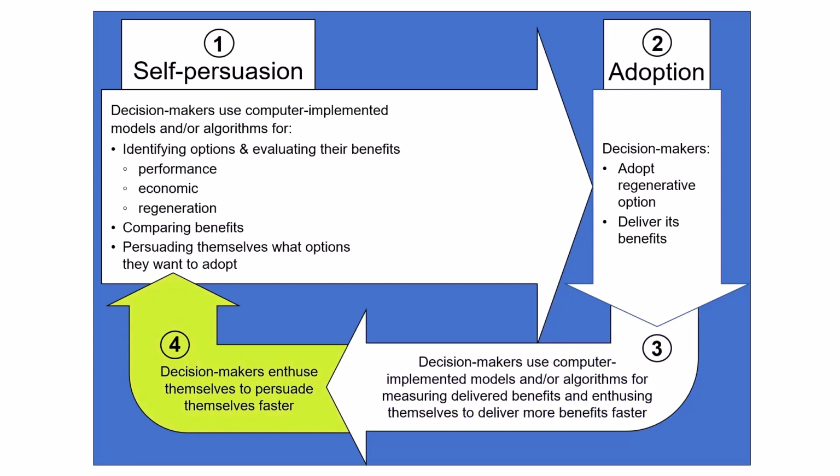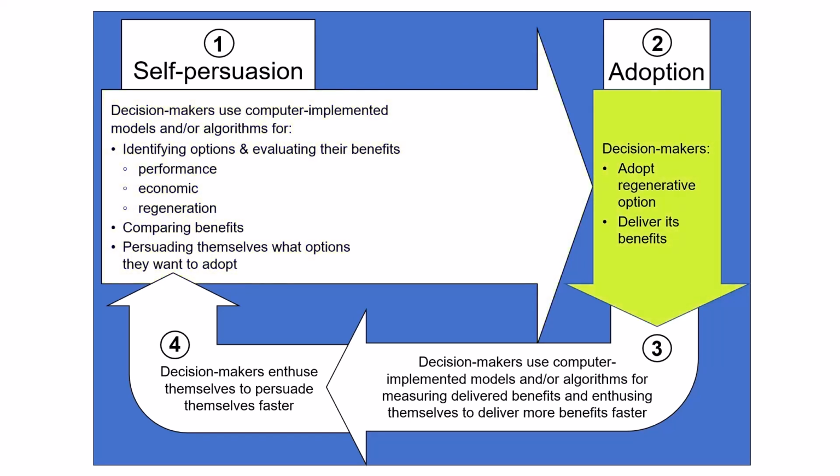They enthuse themselves to persuade themselves even faster to adopt more regenerative options. They enthuse themselves to make even more decisions even faster to adopt more regenerative options.